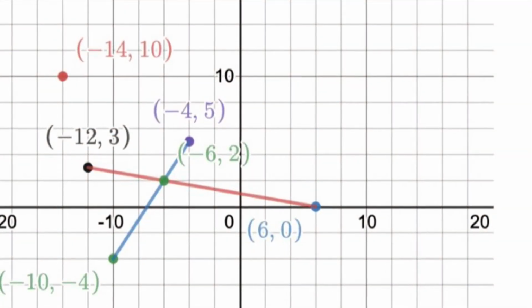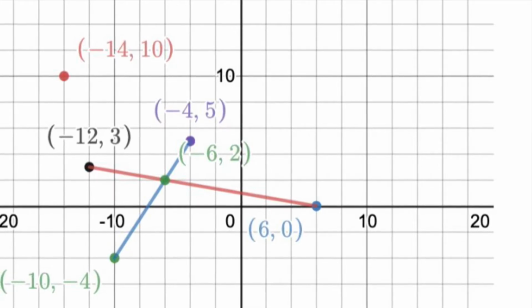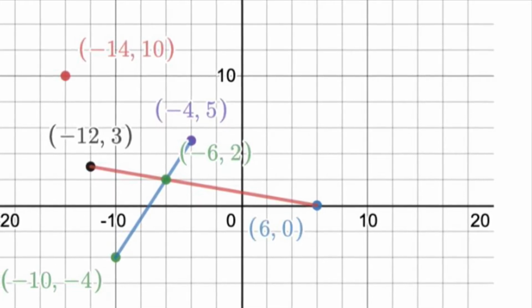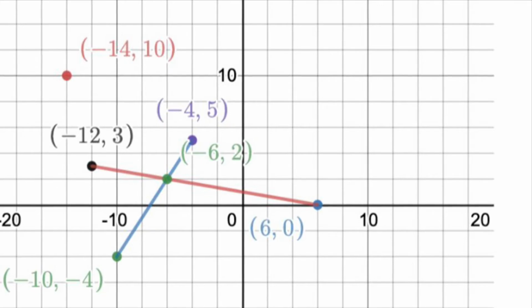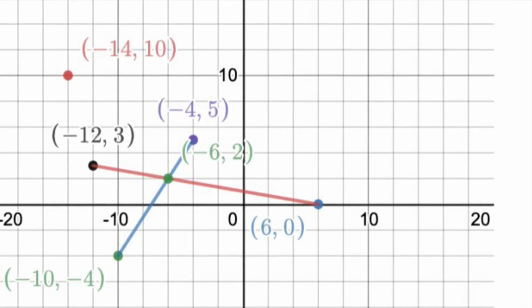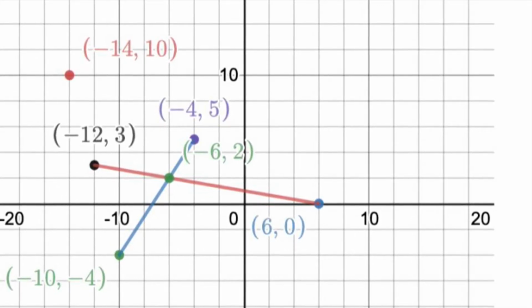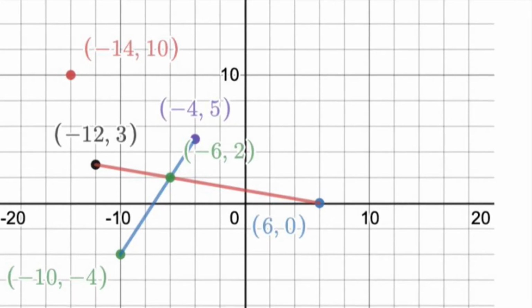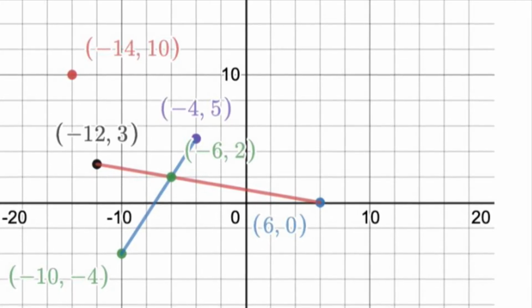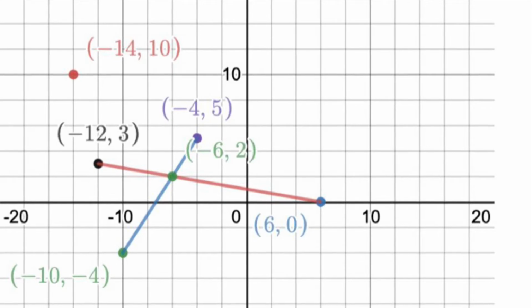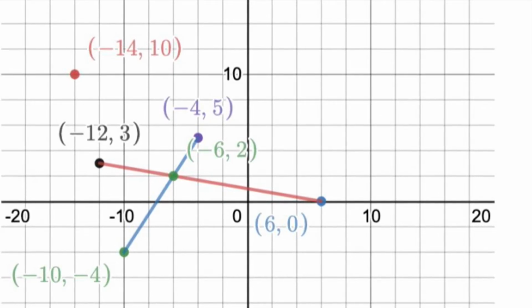Using Desmos is awesome because when you use Desmos, you can check your work as you're going, and you can see right away that the centroid, where the medians intersect in the middle of the triangle, should be (-6, 2). So let's use algebra ourselves.